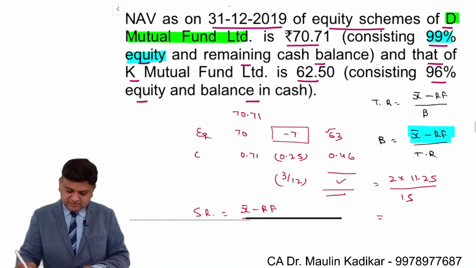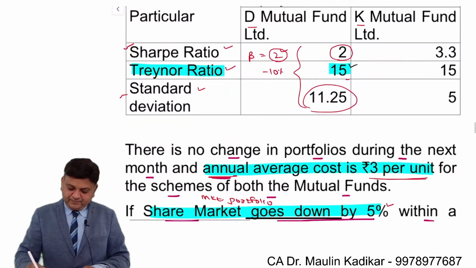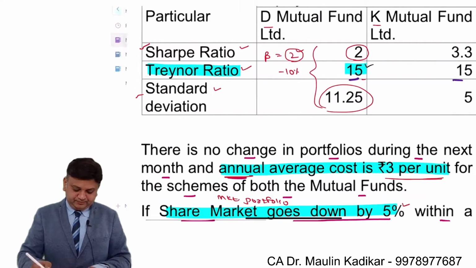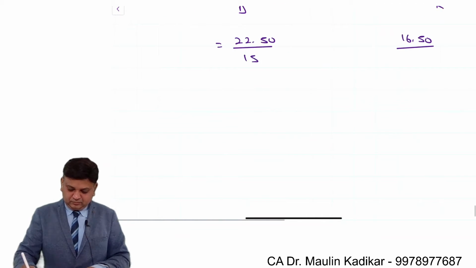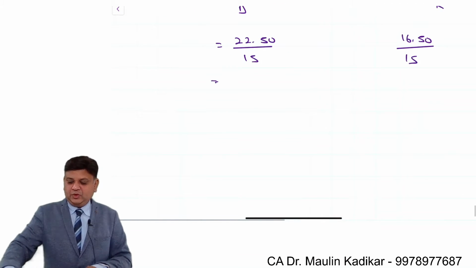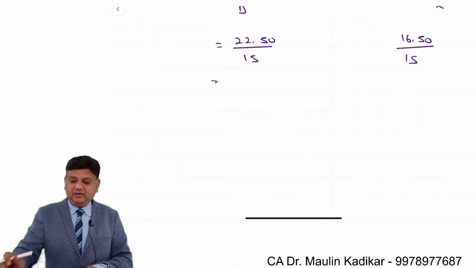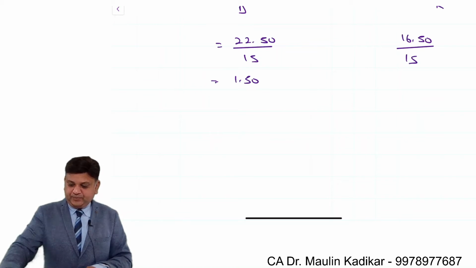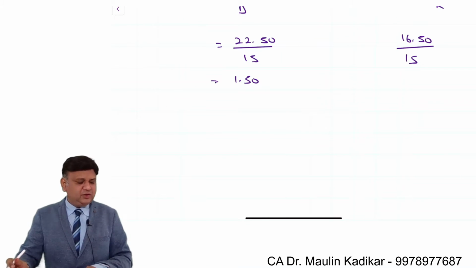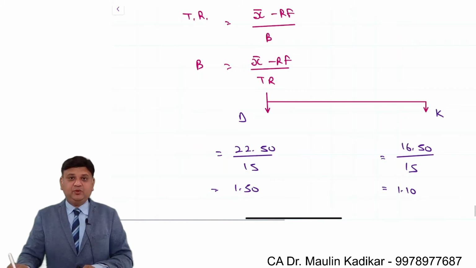Treynor's ratio is 15 for each of them. So 22.5 upon 15 is 1.5. 16.5 upon 15 is 1.1. That is the way we can compute the beta.